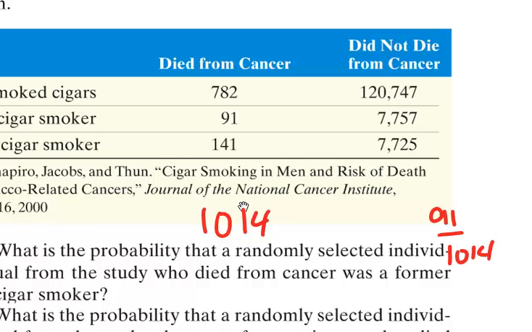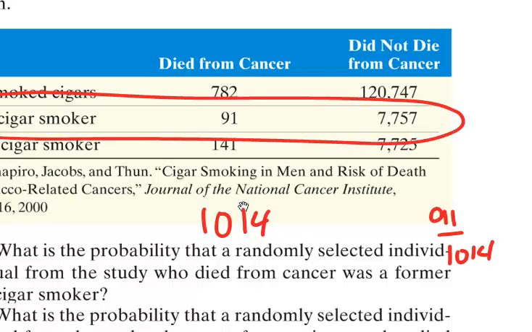A randomly selected individual from the study who was a former cigar smoker. So we know we're looking right here. We know that the person that we selected was a former cigar smoker. So I need to find that total, and it is 7848.